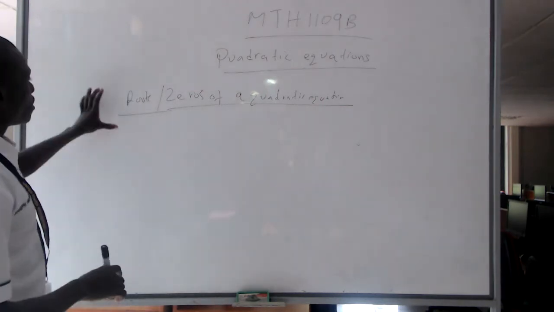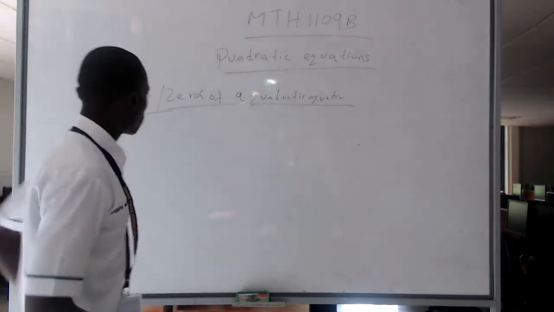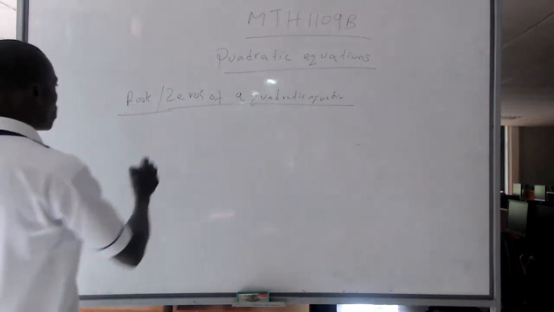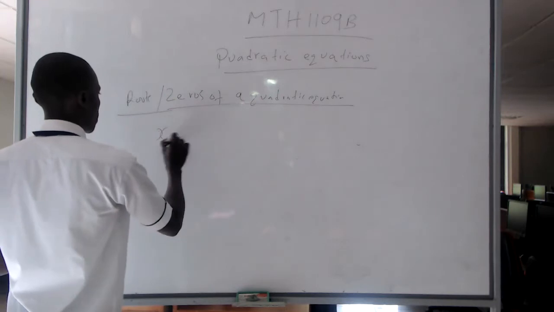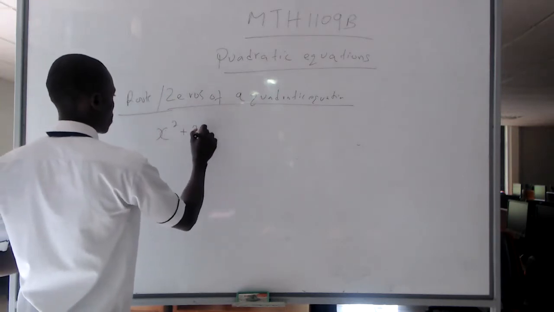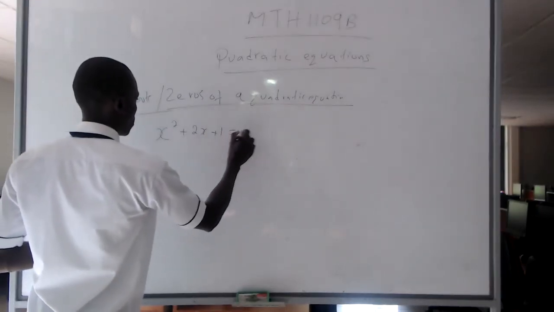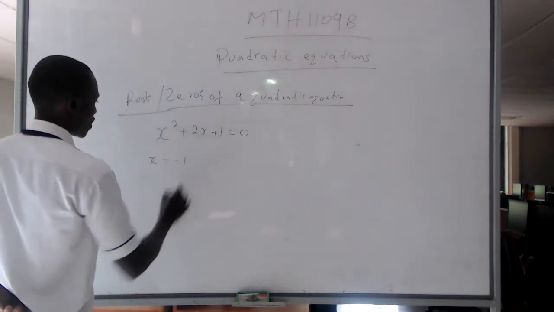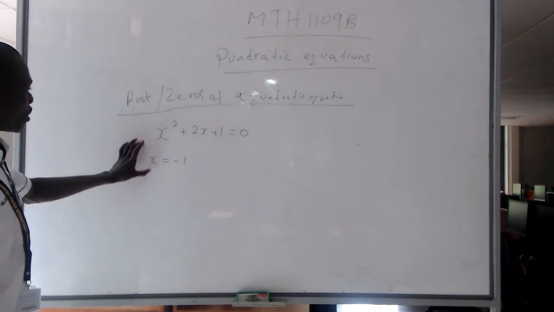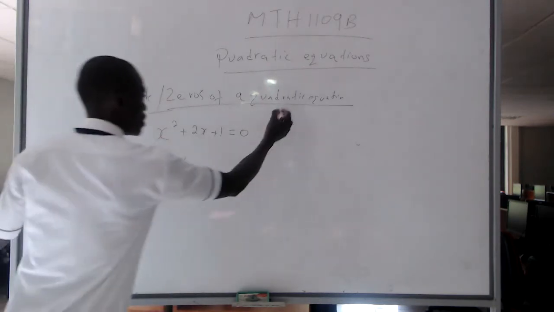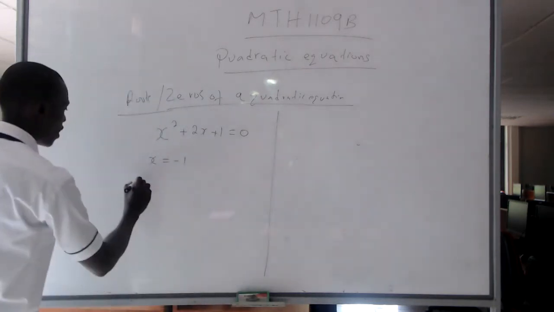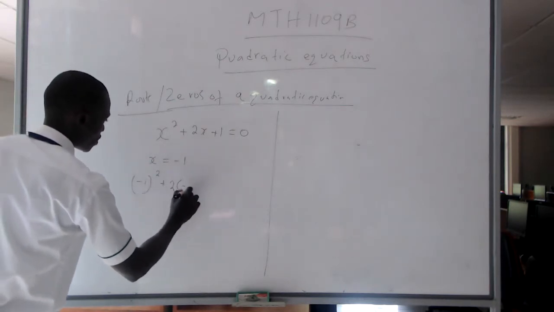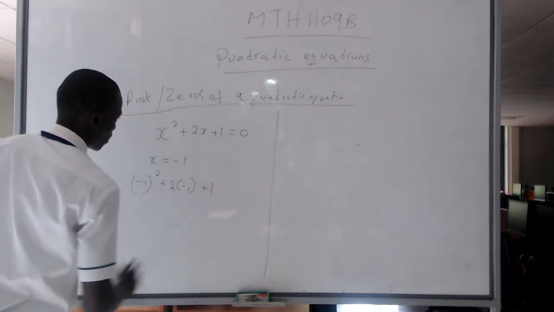So before we see how to get roots or zeros of a quadratic equation, let me give you a quadratic equation and its roots. The previous example that I gave, x squared plus 2x plus 1 is equal to 0. If you choose x is equal to -1 and put it in this equation, then you will have -1 squared plus 2 times -1 plus 1.